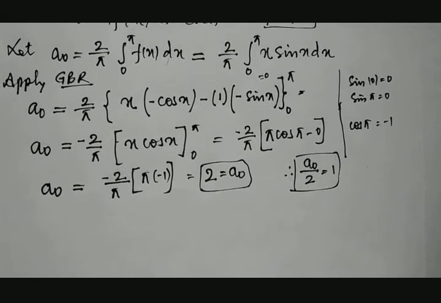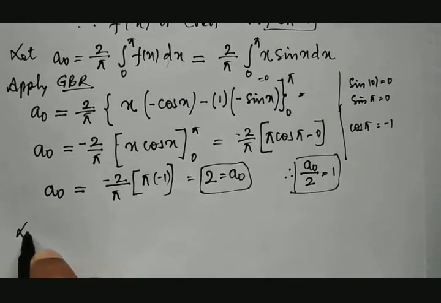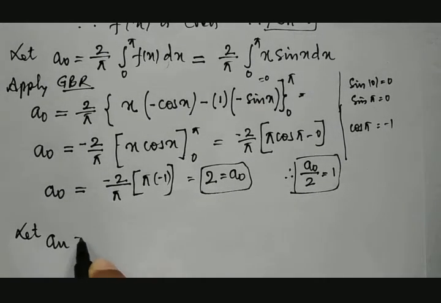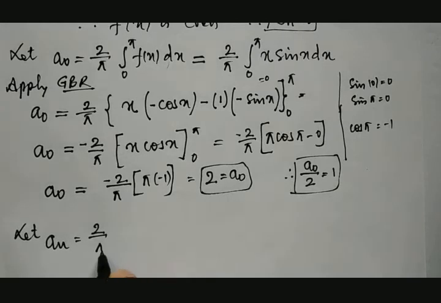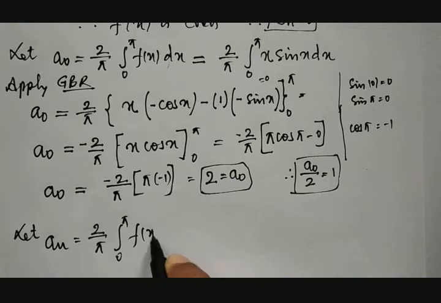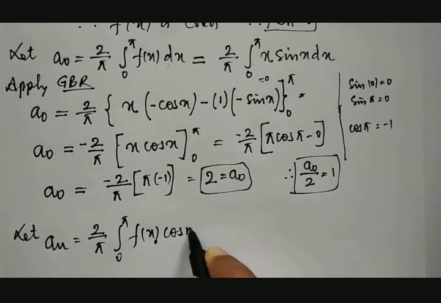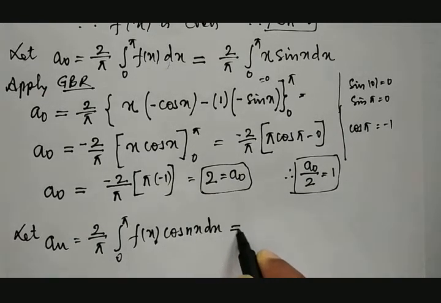Similarly, we will be calculating an. Let an is equal to 2 divided by pi, integration between 0 to pi, f of x into cos nx dx.